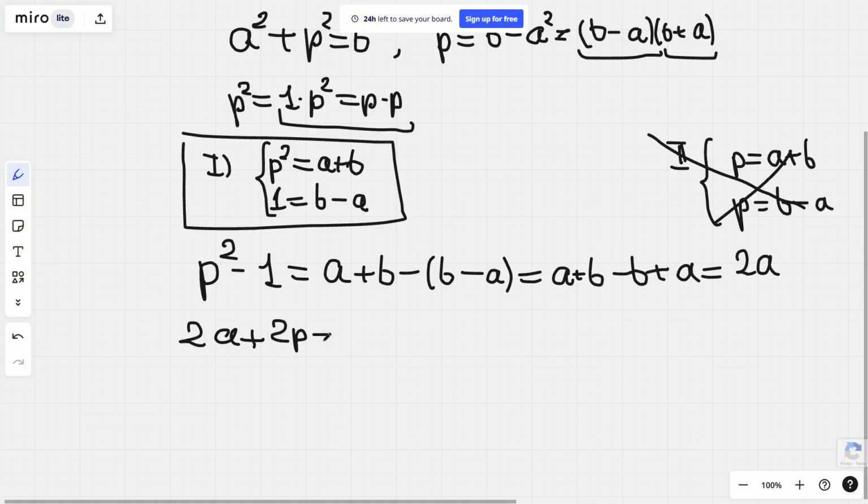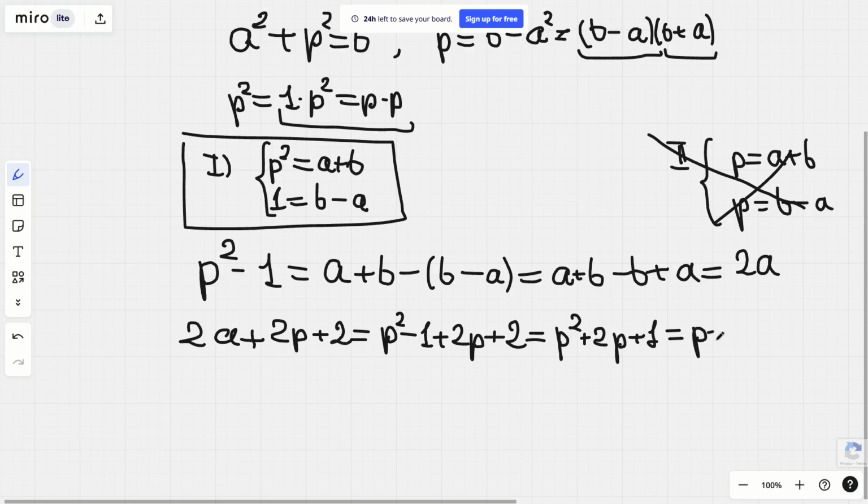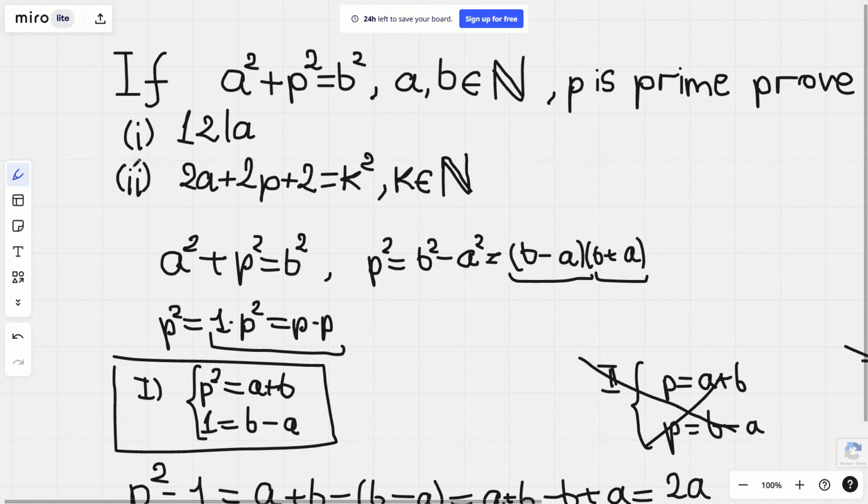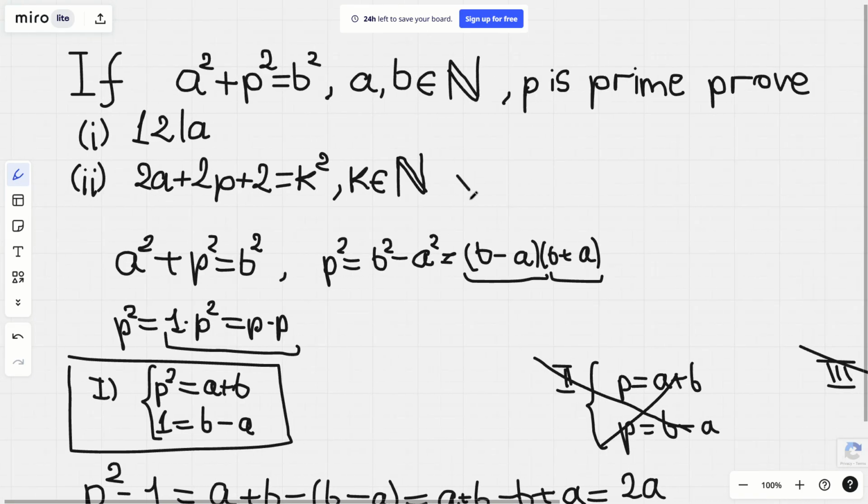We get that 2a plus 2p plus 2 equals p squared minus 1 plus 2p plus 2, which equals p squared plus 2p plus 1, which of course is p plus 1 squared. So this sum is a square of some integer. So the second part of this problem is proven.